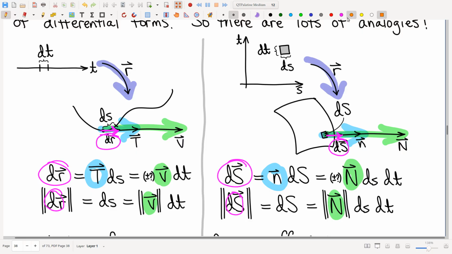And the little ds scalar representing length, and the big dS scalar representing area, those sit in analogous places in those formulas. These kinds of integrals are different things. They come from different physical applications. They apply in geometrically different circumstances. One's on a curve, the other's on a surface. Yeah, of course, very different.